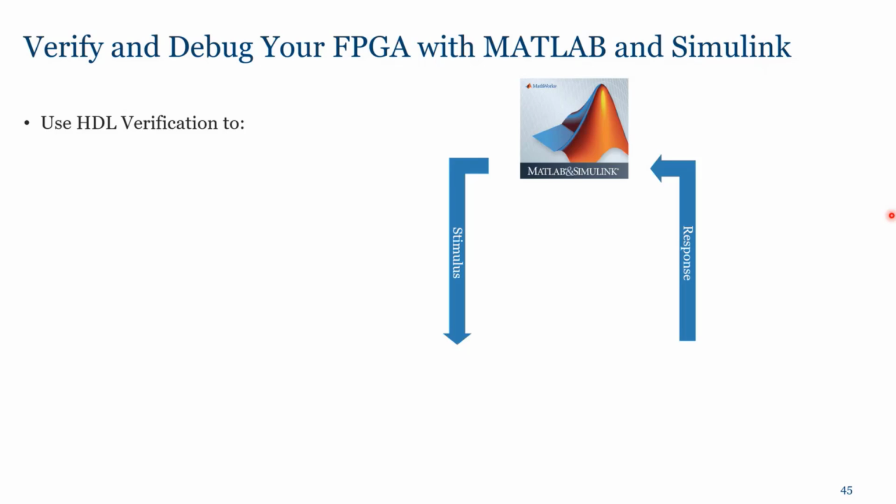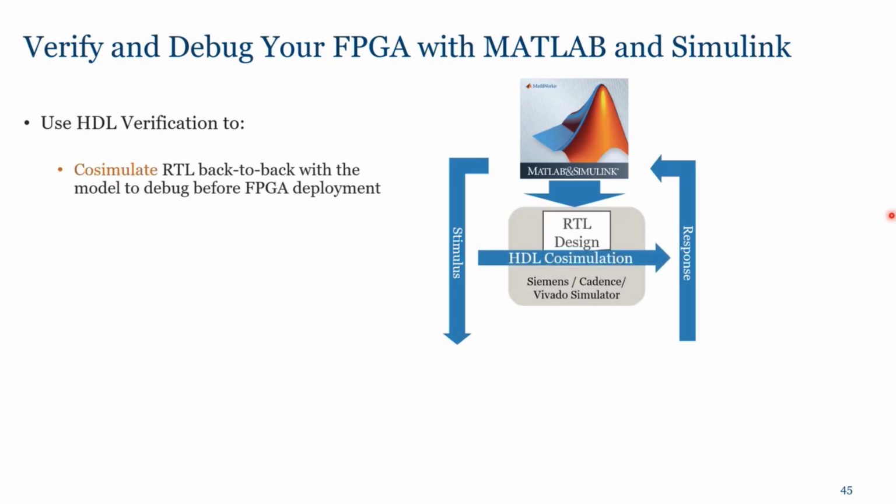One of the ideas that you could have is to co-simulate your generated RTL code with your MATLAB and Simulink test benches before the hardware team integrates this HDL code directly on the hardware. So this allows visibility into both sides: the MATLAB and Simulink side and the RTL or HDL code side, right?